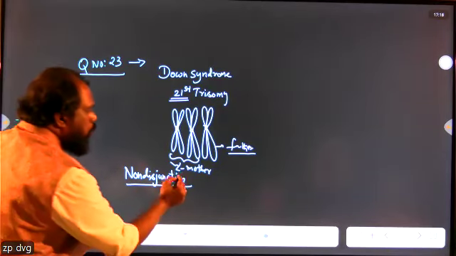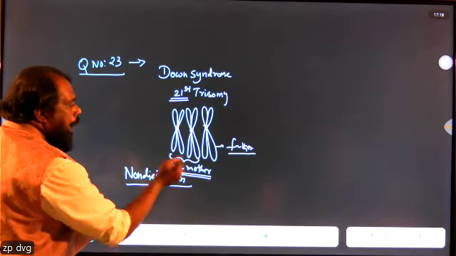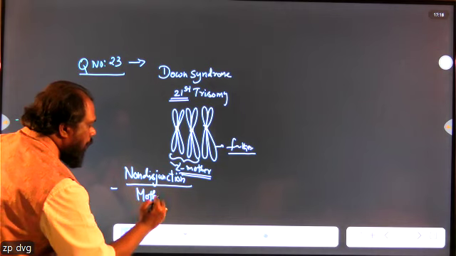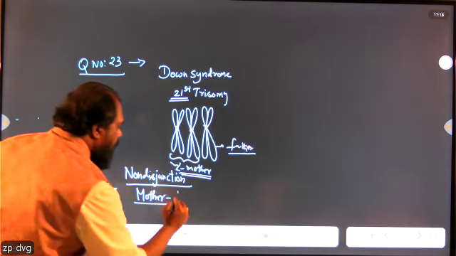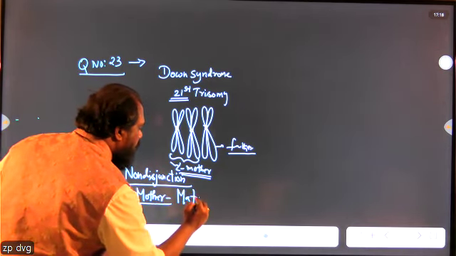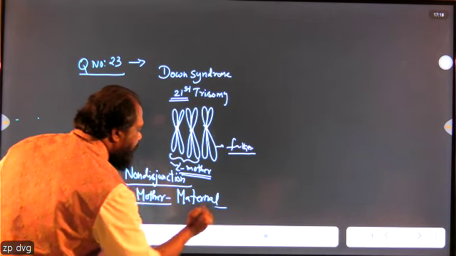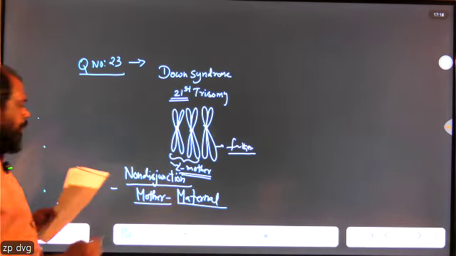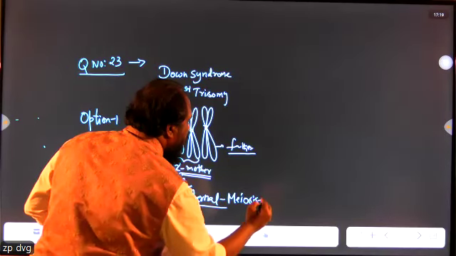Hope you remember, 2 are identical to the mother. Obviously, non-disjunction should happen in the mother, which is technically called what? Maternal. Okay. So which is the correct option? Here the correct option is option 1. Non-disjunction happens during maternal meiosis 1.